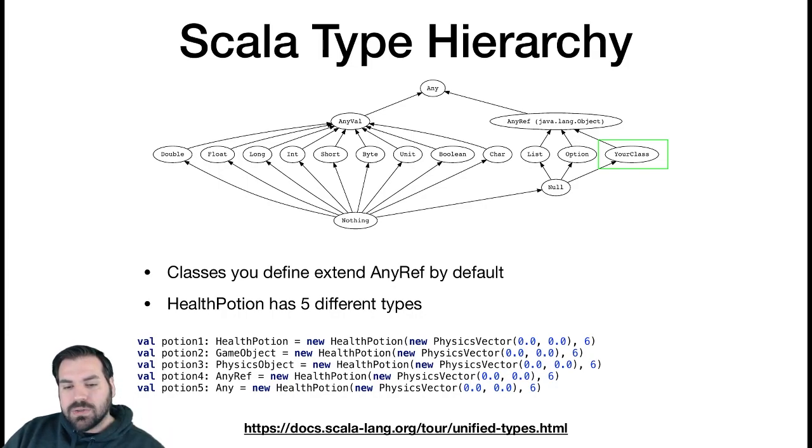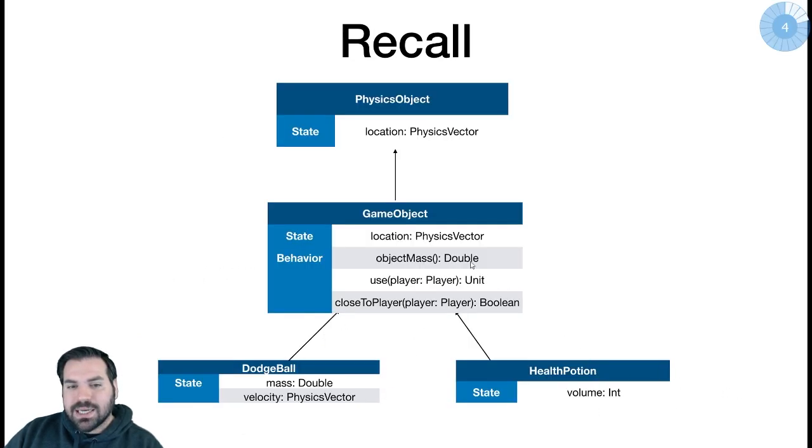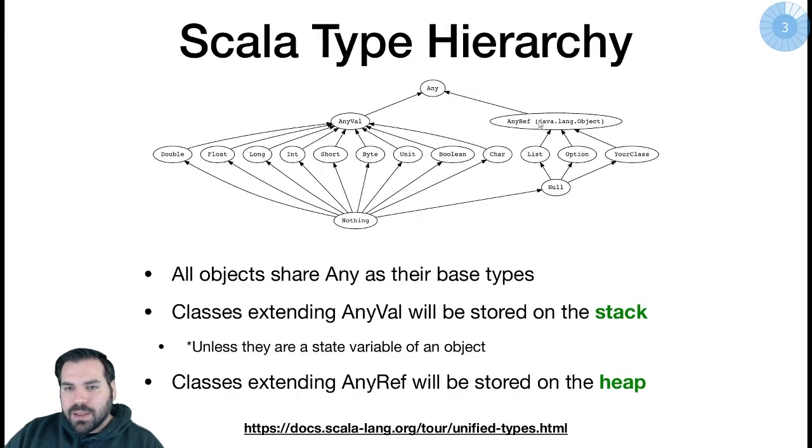But I can also do the same thing with any of its supertypes, any type that it inherits or extends. So if I create a new HealthPotion and I want to store it in a variable of type GameObject, well, that's perfectly valid too, because a HealthPotion is a GameObject. A HealthPotion is, by transitivity, a PhysicsObject. A HealthPotion is an AnyRef. And a HealthPotion is an Any.